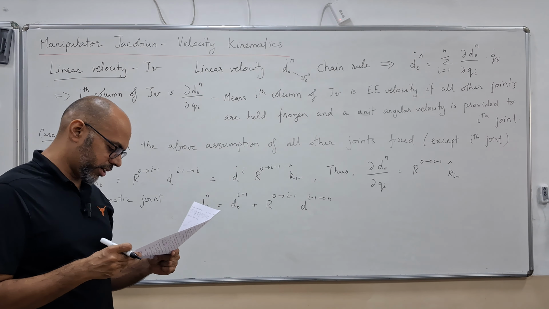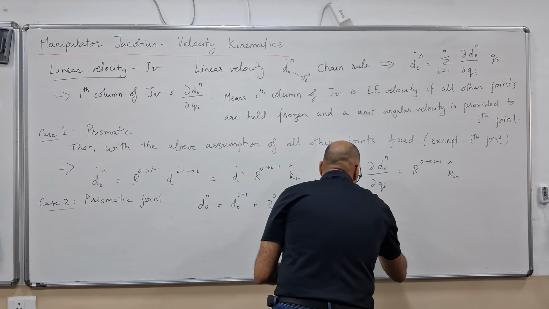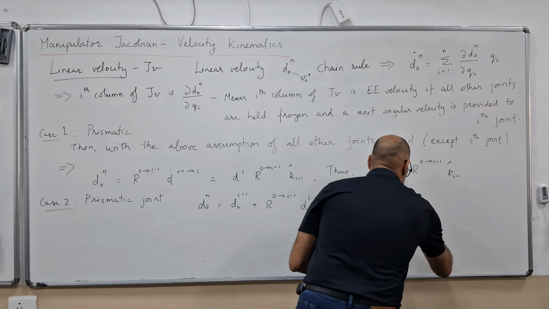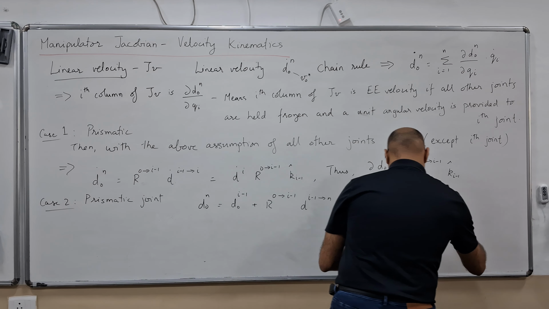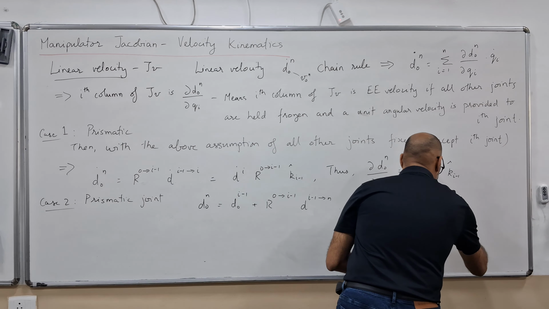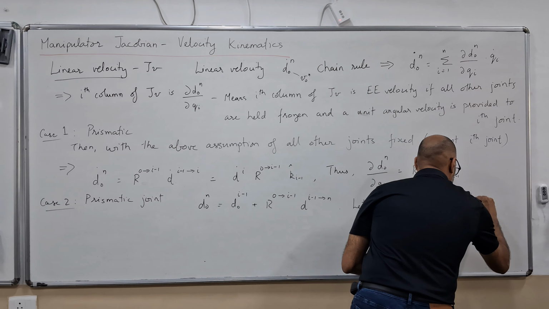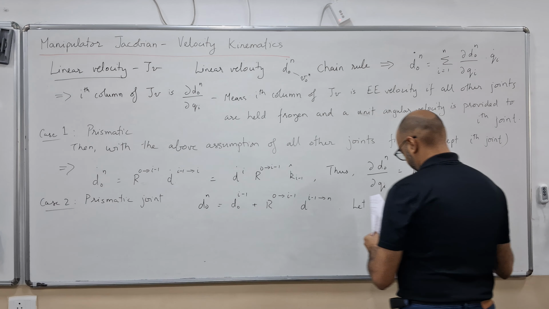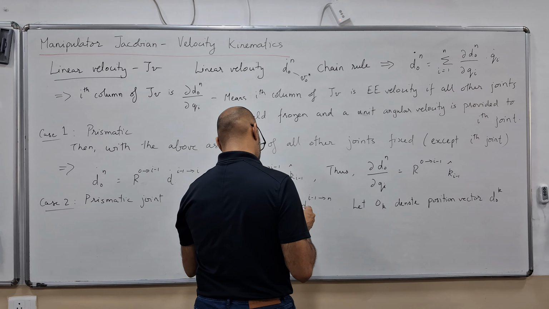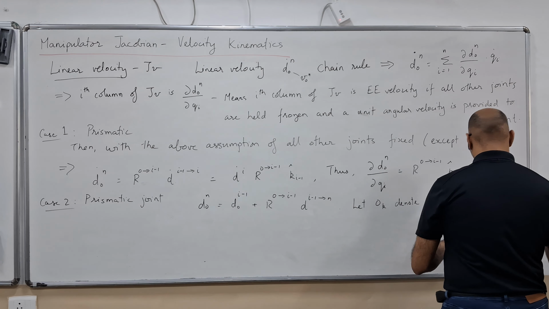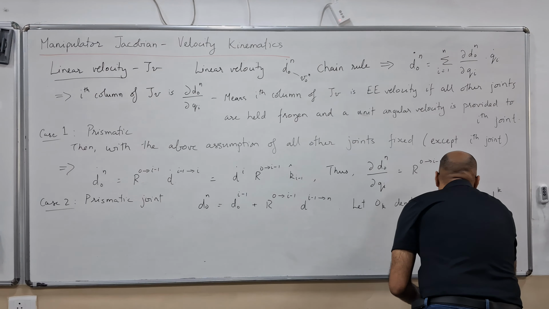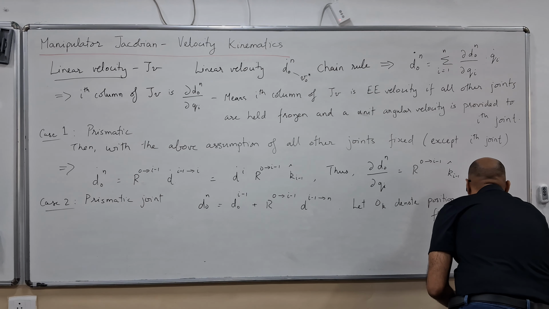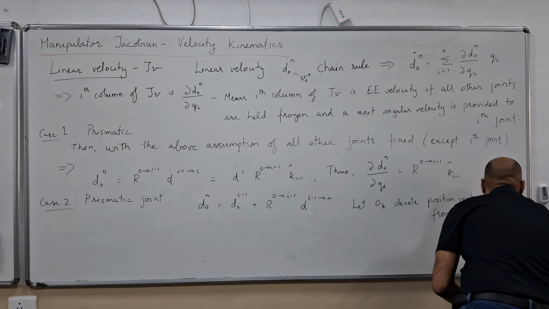And just to introduce a little bit of notation, let O_k denote the position vector d0 to k from origin O0 to origin Ok.